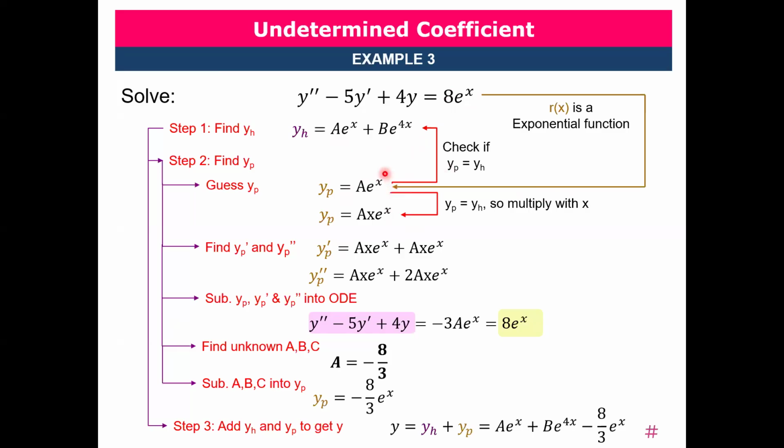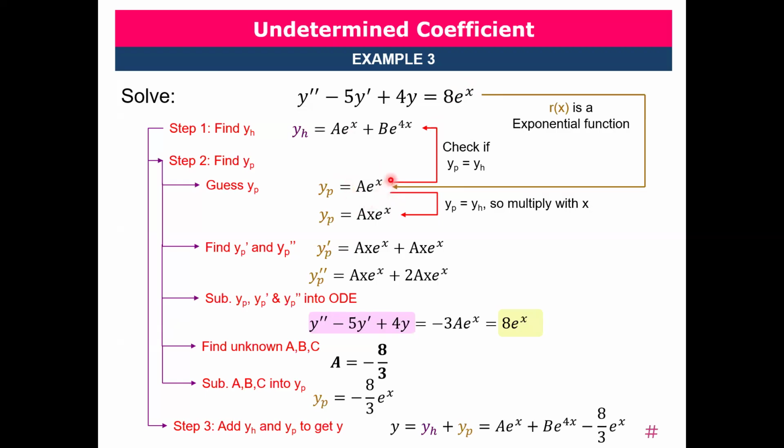So in this case, you can see that exponent x is present here. So it means that there is an equal term and this cannot be a solution for this particular ODE, even if this should be our particular solution.